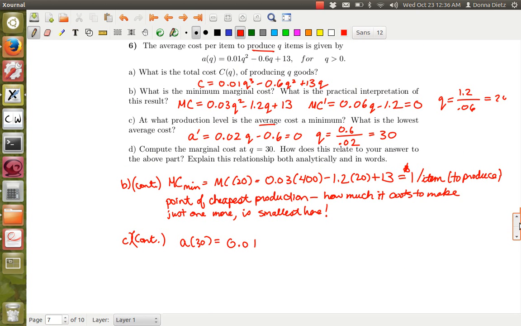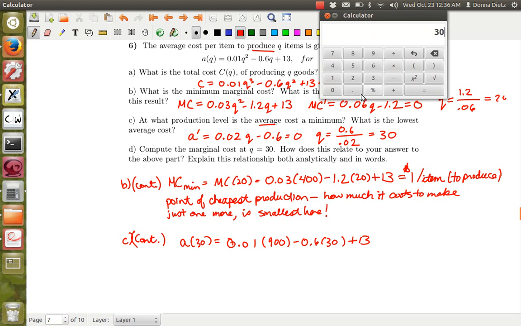It's very hard to control this. 0.01 Q squared, so that's 900, minus 0.06 times 30 plus 13. So 0.01 times 900, because I'm being extremely lazy right now, times 30 plus 13.